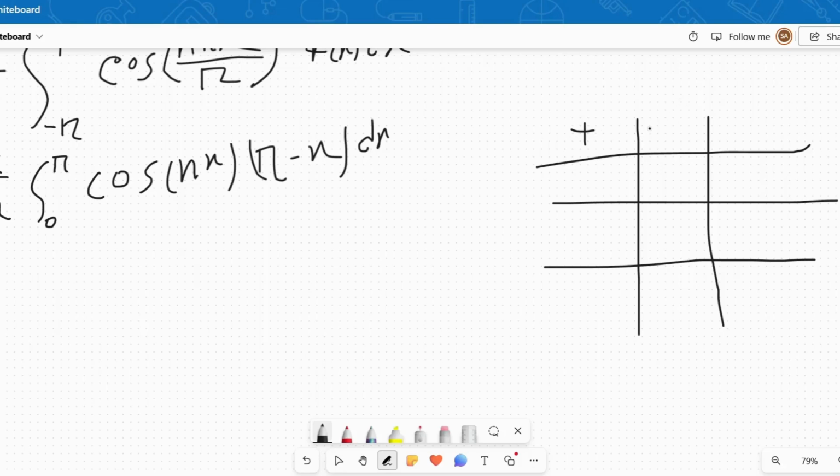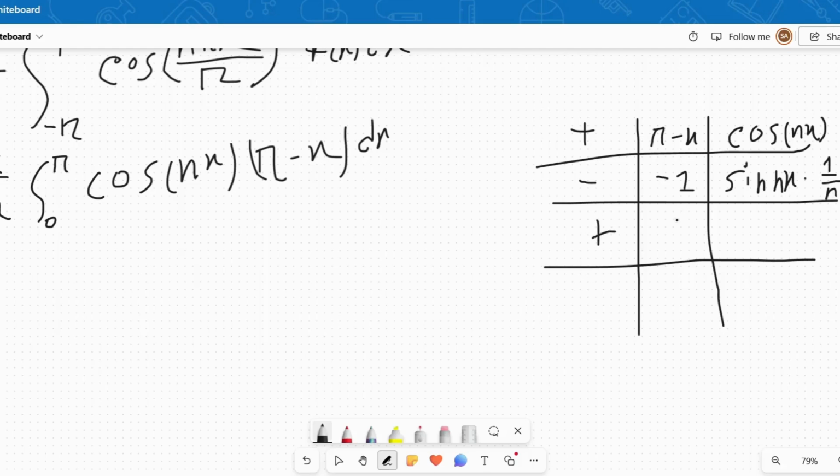Pi minus x times cos(nx). The integral of cos is sin(nx) times 1 by n.